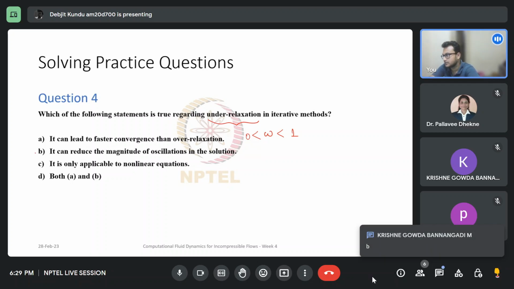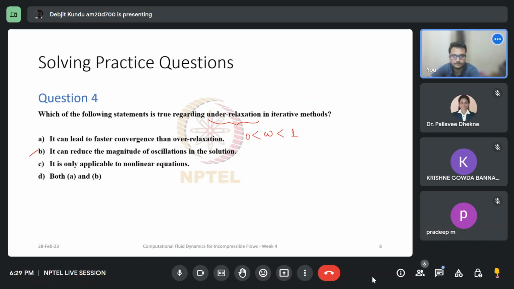Okay, we have one answer in favor of option B. Let's see what others have to say. If you have any questions regarding this one, please do ask. Any kind of clarification.